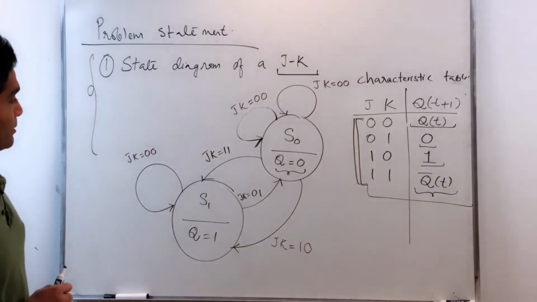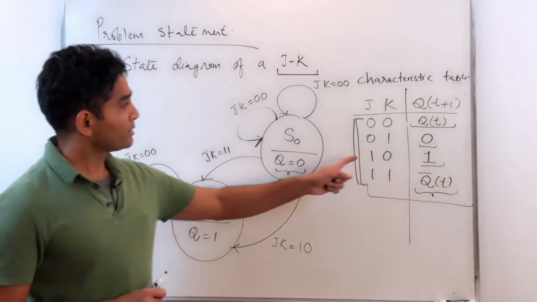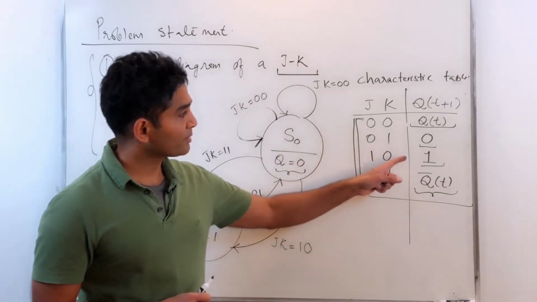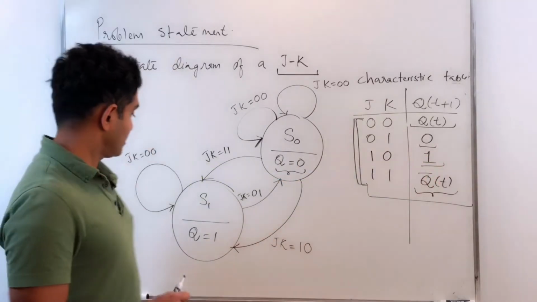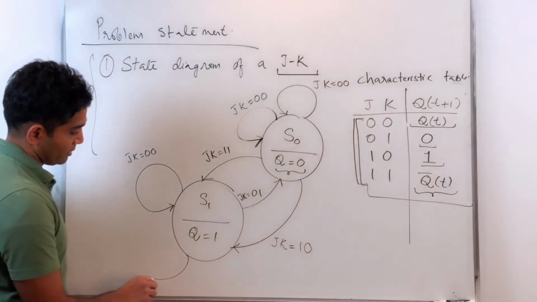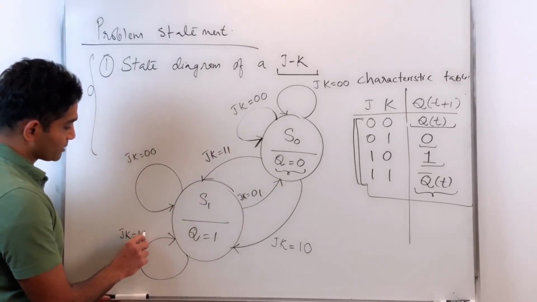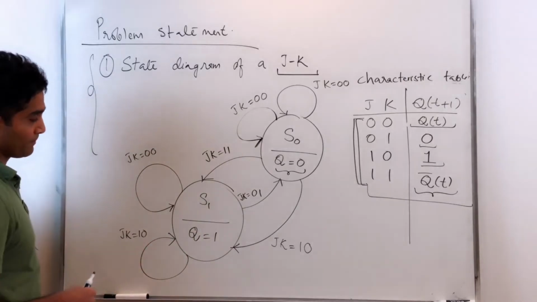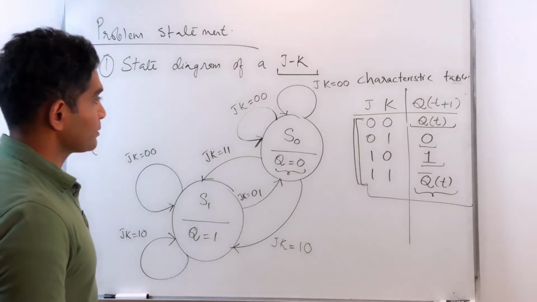Okay. With 1, 0, if I'm in S1 state, input of 1, 0 occurs. The next state should be a state of 1, which is already this one. So when I'm in S1 state, input of JK equals 1, 0 occurs, I remain in the same state. Okay. So I'm done with that.